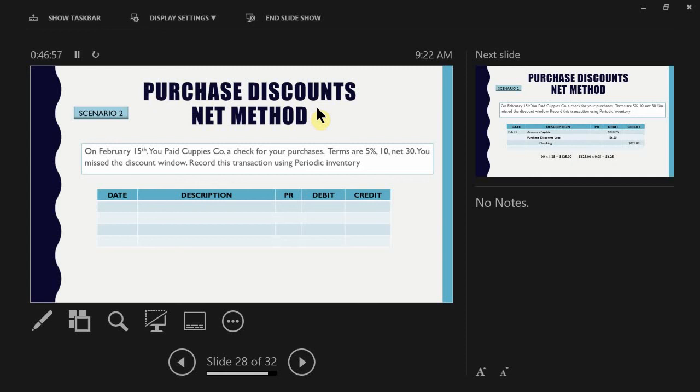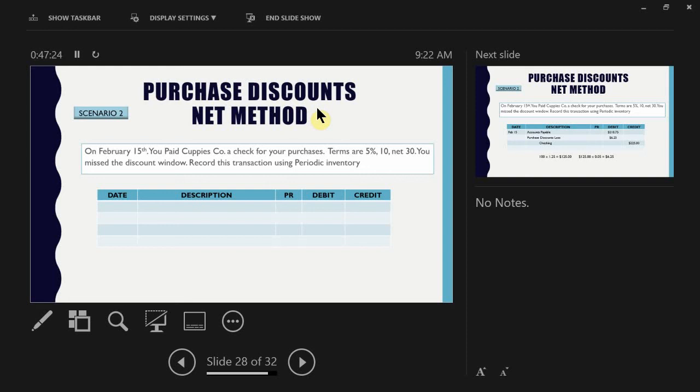Accounts payable, yes, we have an accounts payable, good. What else are we also going to include? The discount loss. Good. The purchase discount. Yes.